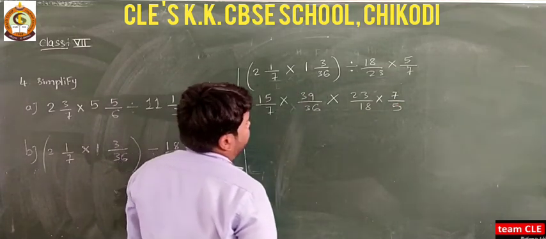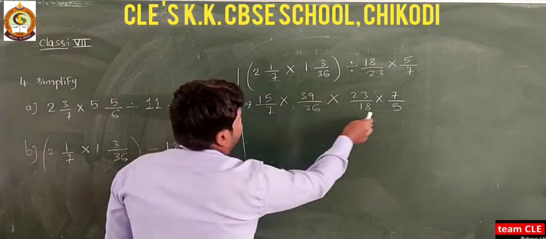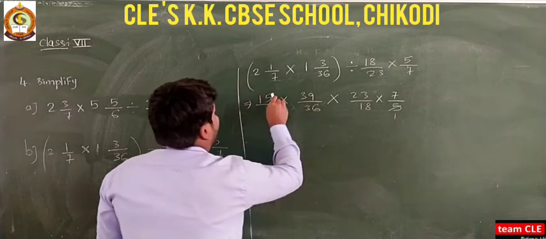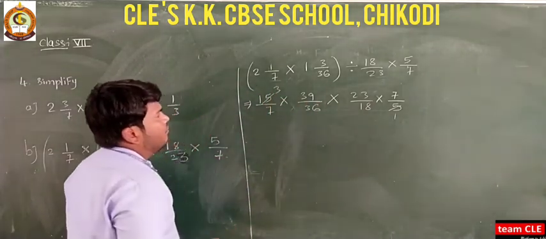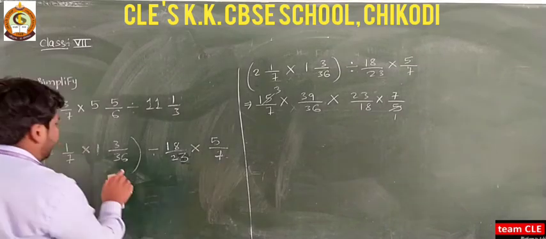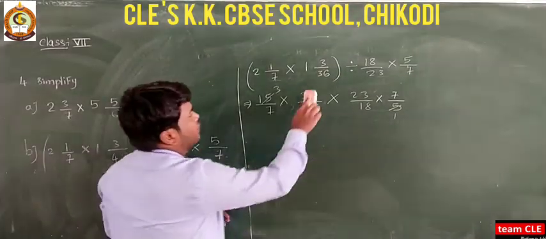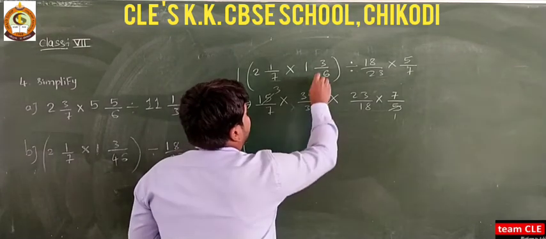So see here, dear students, 5 1s are 5, 5 3s are 15. Now see, the question I have taken here is wrong. It is 46, and you change this to 46.